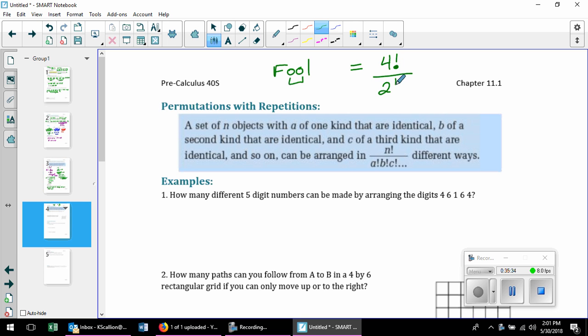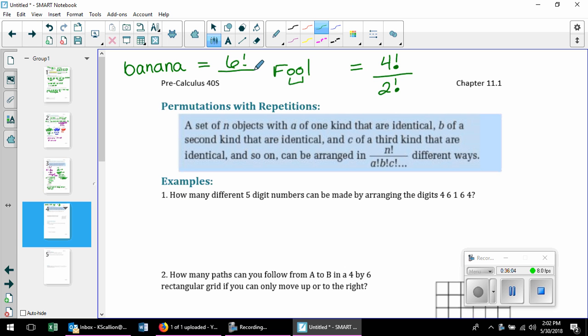2 factorial. So let's start with banana for a minute. How many ways could I arrange those letters? I have 1, 2, 3, 4, 5, 6, so that would be 6 factorial, but I've got some repeats happening here.